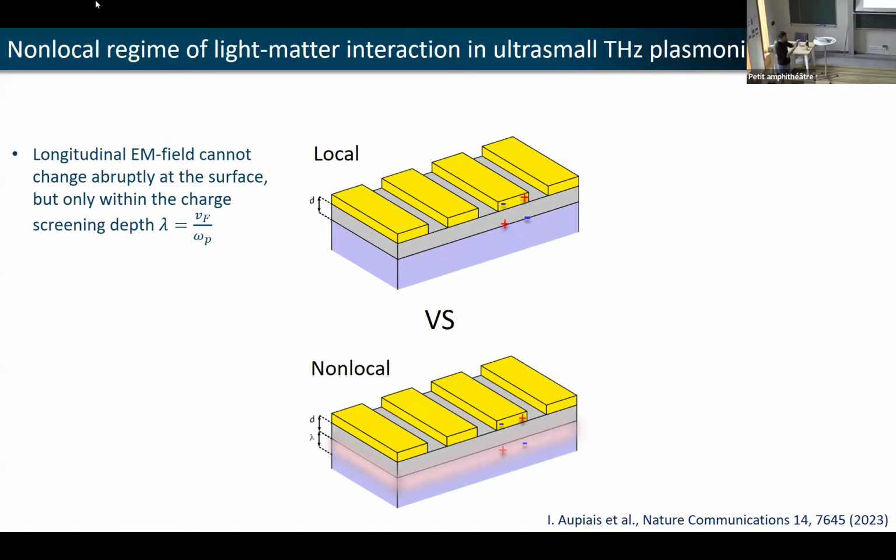So you have charges appearing in an infinitely thin layer on the material to screen the electromagnetic field, but actually they are smeared over a certain length, which is the charge screening depth, which depends on the Fermi velocity divided by the plasma frequency.